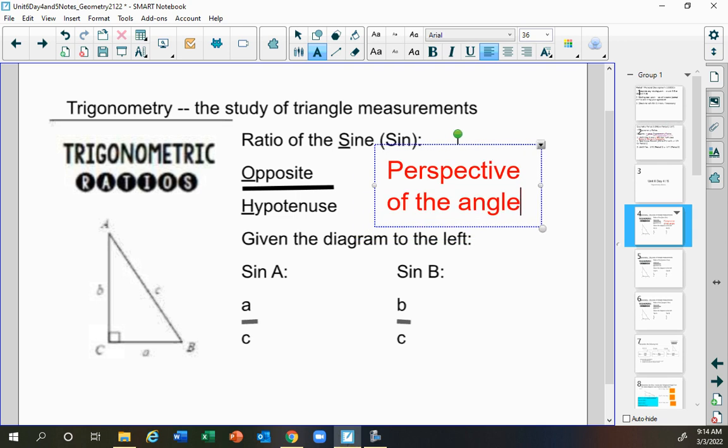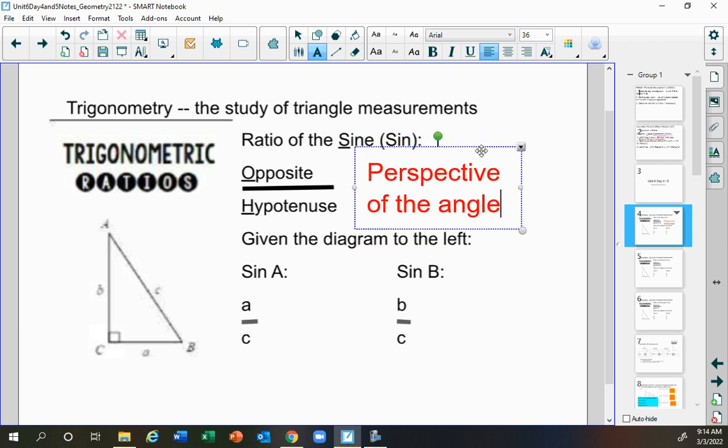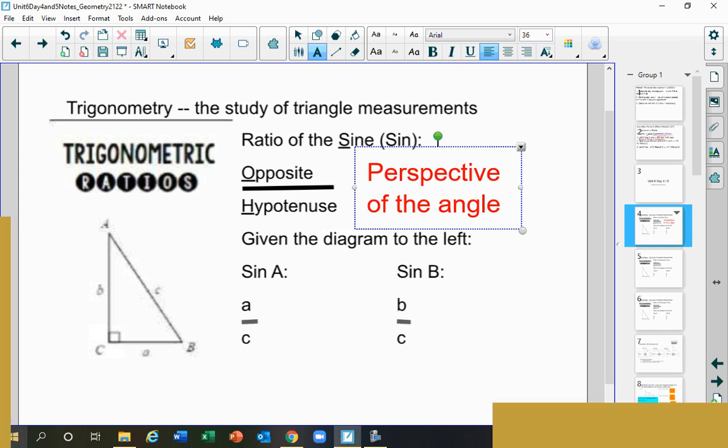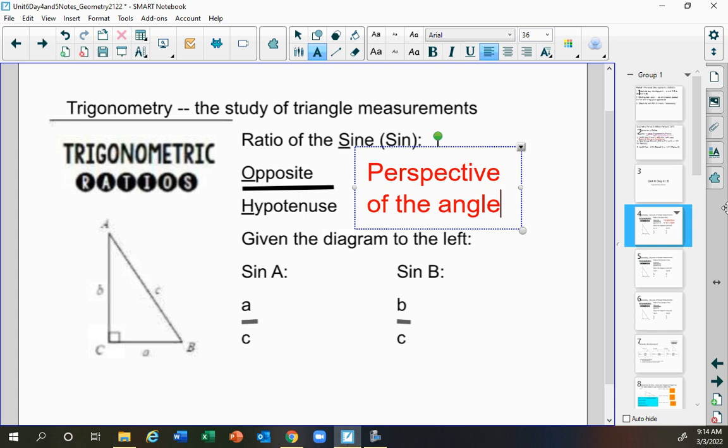That's how we determine sine, cosine, hypotenuse, all that fun stuff. So an idea might be too.